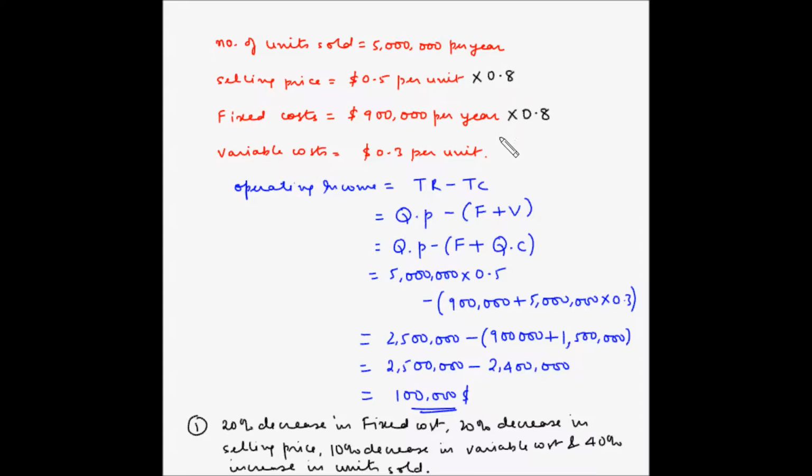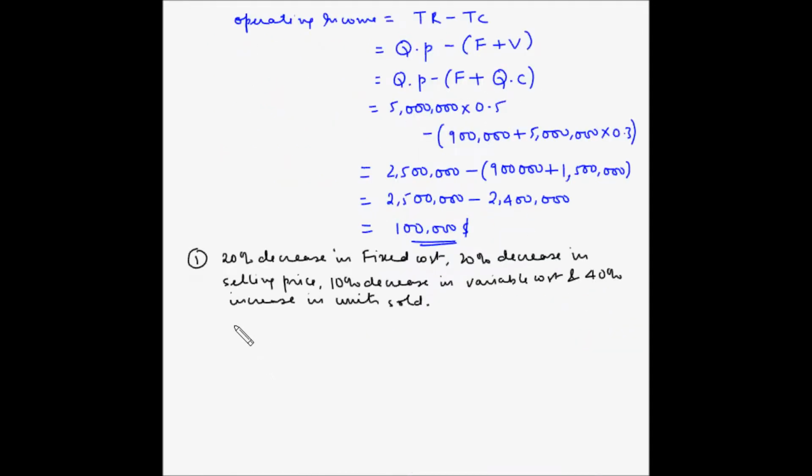The variable cost is decreasing by 10%. So we'll multiply this by 0.9. And the number of units sold is increasing by 40%. So we'll multiply this by 1.4. And with this data, we have to find out the new operating income. So the formula for the operating income remains the same, and let's call this OI1.